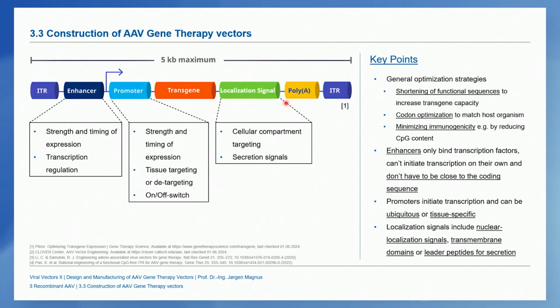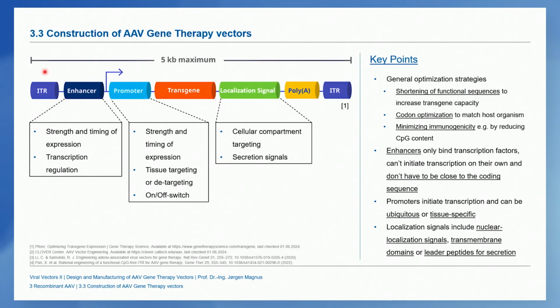You could also include a sequence or a small peptide sequence that helps the protein to move across the membrane out of the cells and into the bloodstream, where the factor VIII protein that is supplied in the hemophilia A treatment is needed. So these are the elements, and as you can see, they're both located between these ITR sequences that are here on both sides of the genome, and including the ITR sequences, you have a maximum of 5 kilobase pairs.